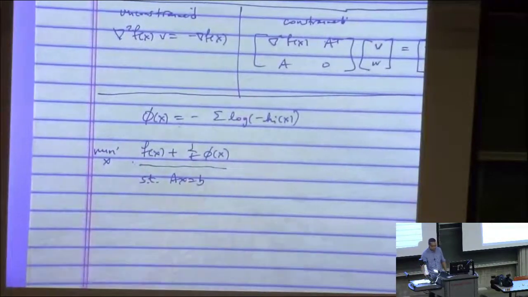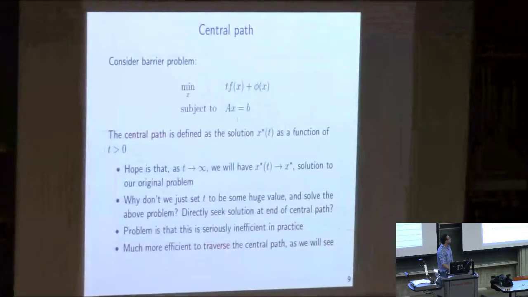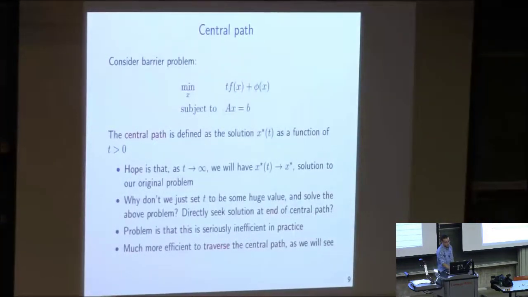And I've just multiplied actually the whole criterion by t, just really for convenience. So it's equivalent to this. Right, so the problem is to minimize t times f of x plus phi of x subject to Ax equals b. Phi is that log barrier function. f was our original criterion. These were our original constraints. And we denote the central path by x star of t, okay, thinking about this as a function of t.